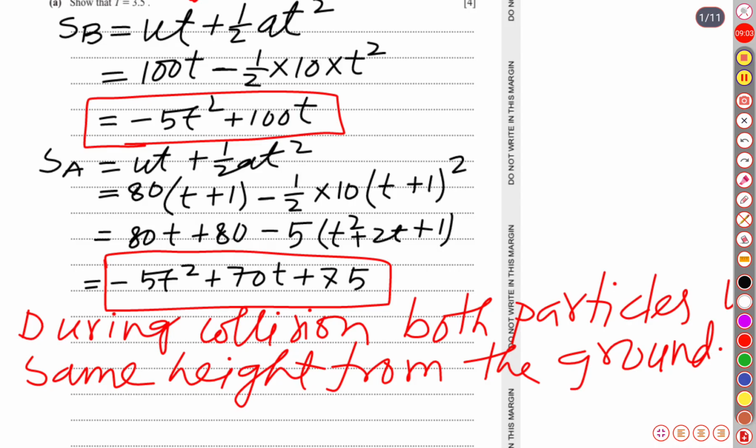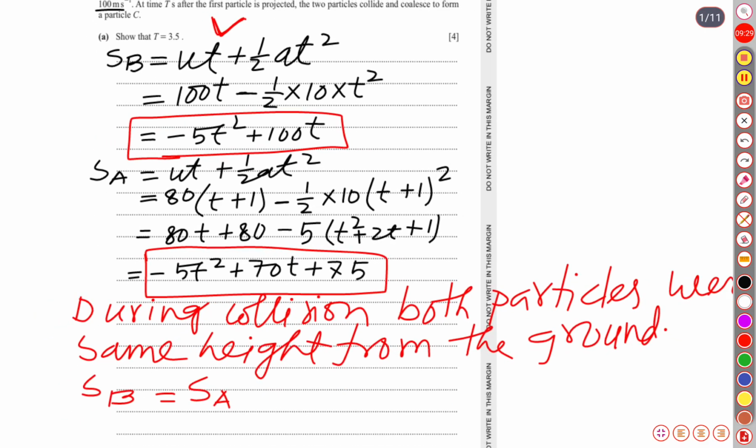must be equal. That means SB, the height of particle B, must be equal to the height of particle A from the ground. Okay, let us write how much was SB.